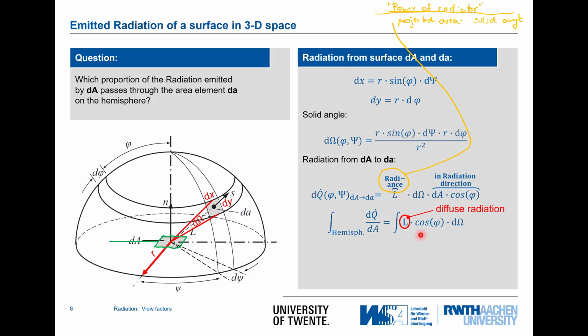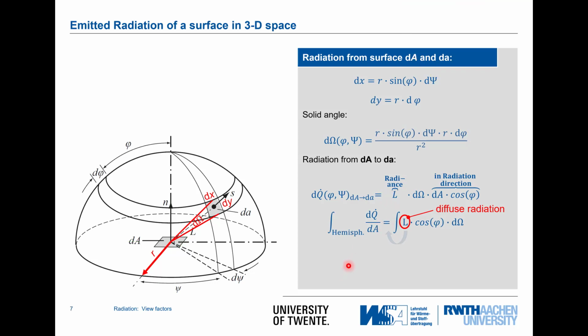We continue and assume that it's diffuse. This means the radiance does not depend on phi and psi, so it can be pulled in front of the integral. And at the end, the dq dot over dA gives small q dot 2 primes, and as it's integrated over the hemisphere, I give it here the index hemispherical.